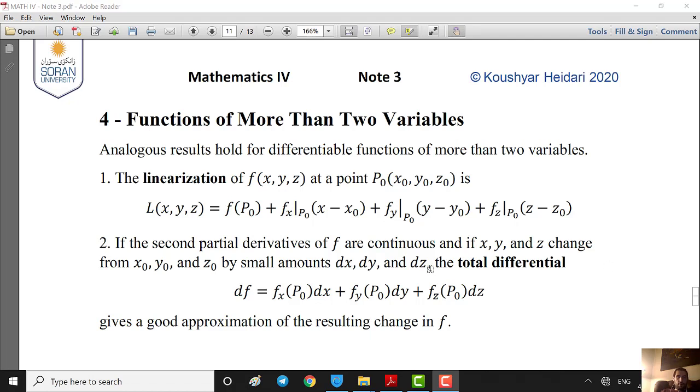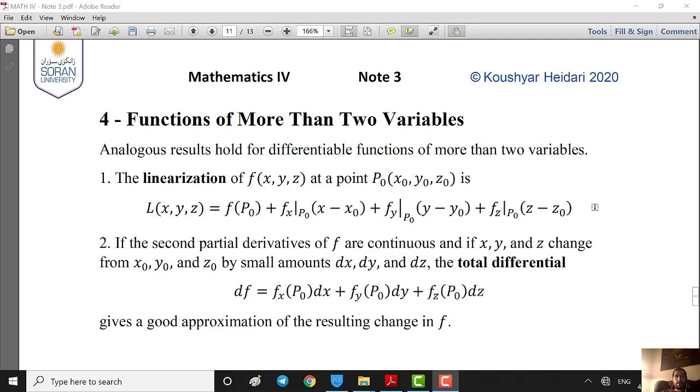Point 1 of page 11 says the linearization of f(x, y, z), a function of three variables, at a point P0 (x0, y0, z0) is the value of the function evaluated at the point plus f_x of the point times x minus x0 plus f_y of the point times y minus y0 plus f_z of the point times z minus z0.